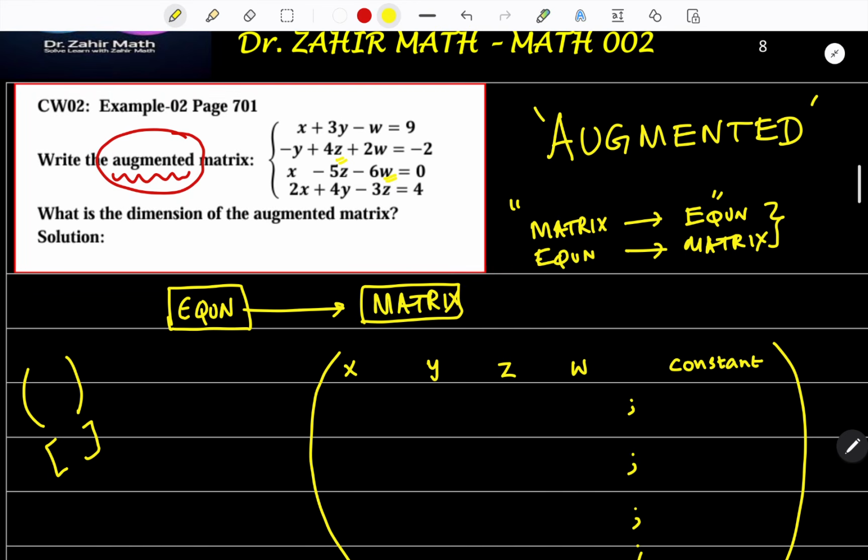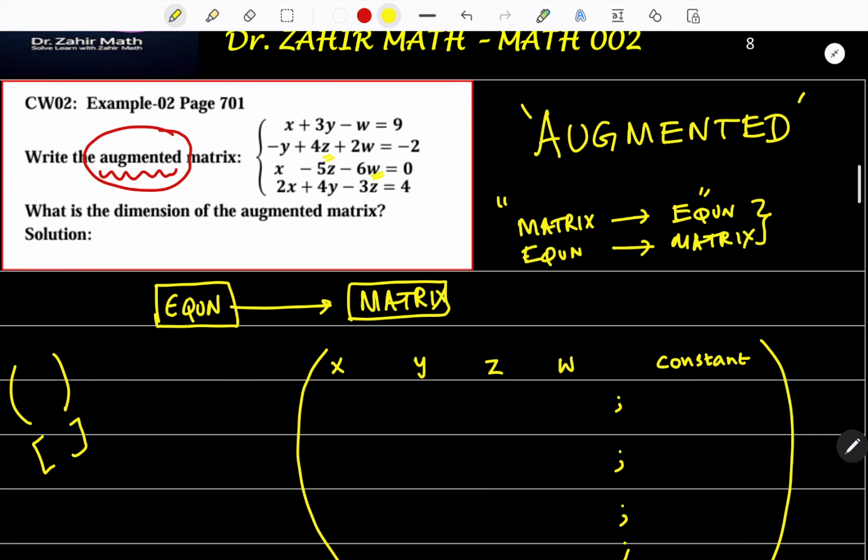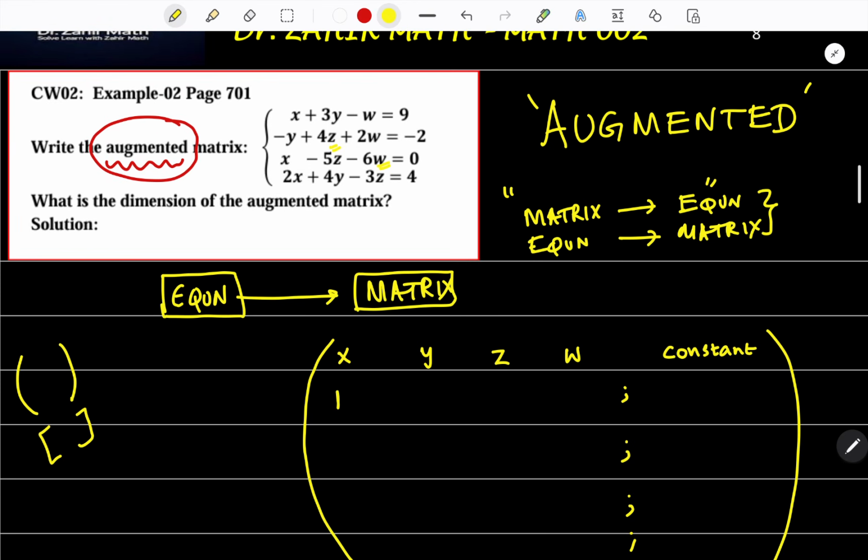So the first equation reads x plus 3y minus w. So the coefficient of x is 1. The coefficient of y is 3. Is there any z? No, z is not there. And w is minus 1 and the constant is 9. Next equation, is there x here? No. So it is 0. Y is minus 1 and z is 4 and w is 2 and the constant is minus 2.